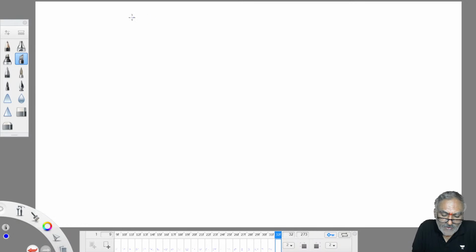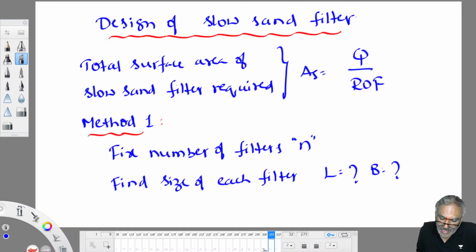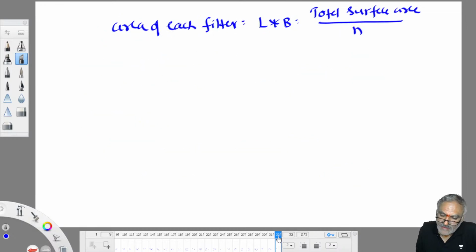Once you fix the number of filters, the area of each filter is L into B, which is equal to total surface area of filter required by number of filters. Total surface area we already got. Then the L to B ratio will be given. So from the L to B ratio you can find out the length and the width of the filter. That's the first way you can work out.